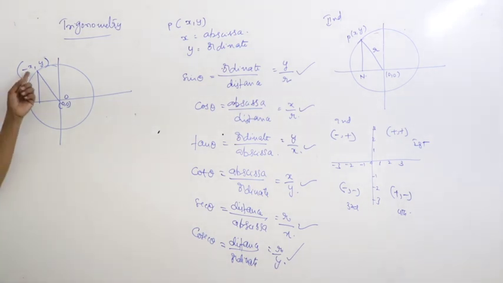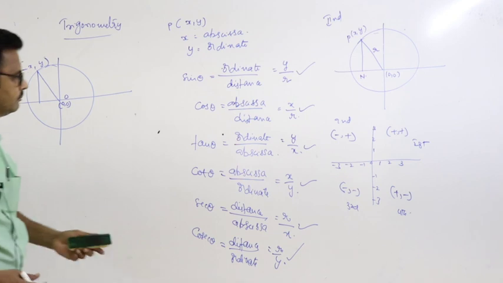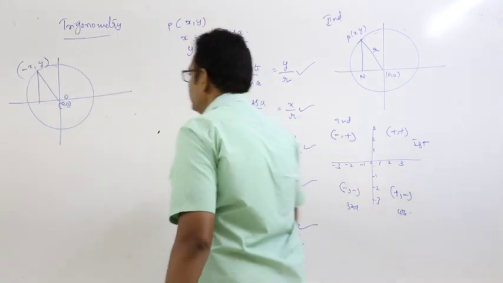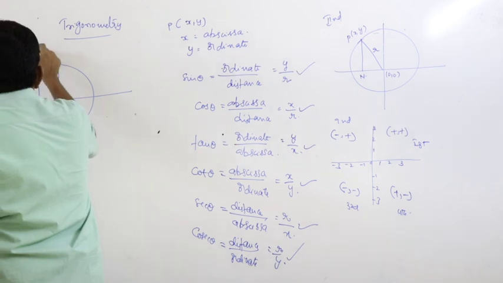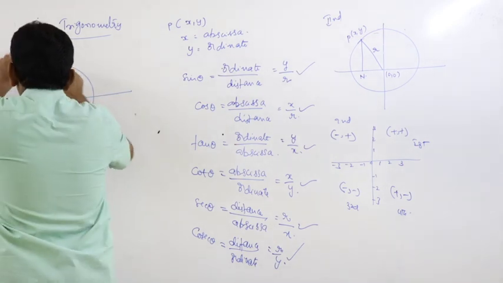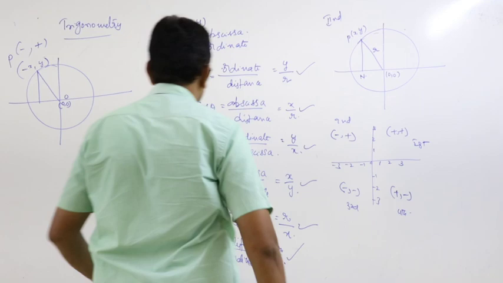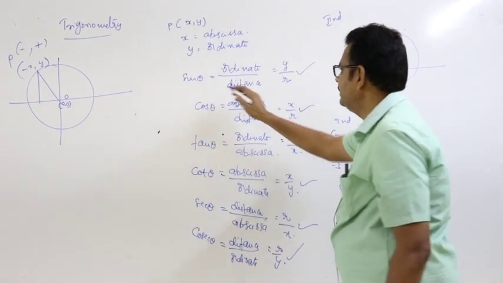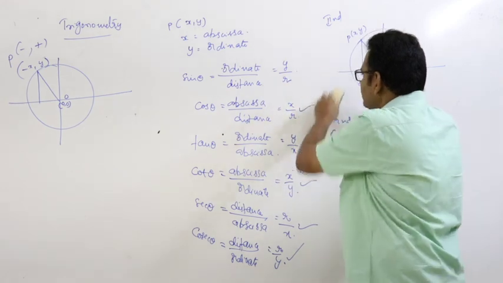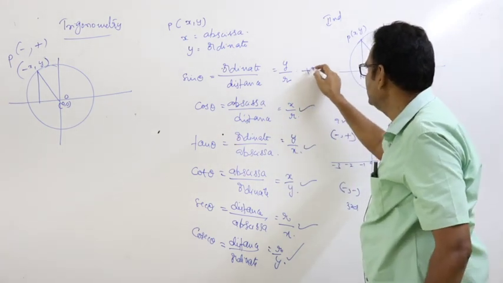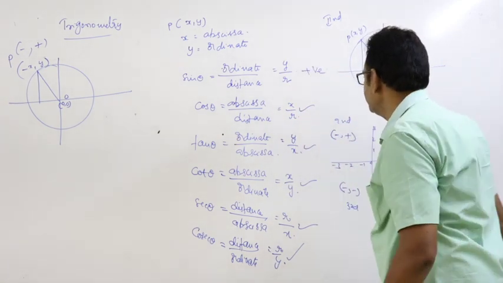That means what? Minus x means total value negative. If I write minus 2 comma 3 like this. What is sin theta? The point P is minus comma plus. Sin theta is y by r. So this is positive. Second quadrant, this is positive.